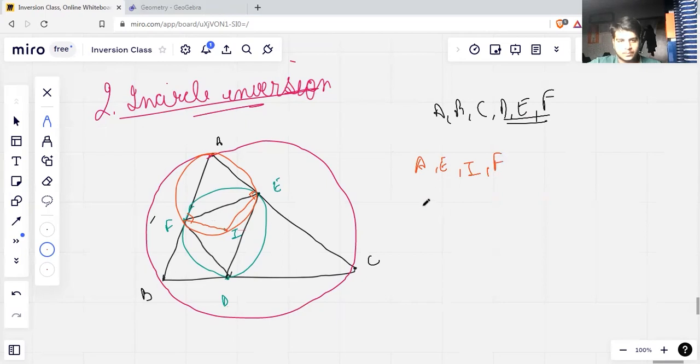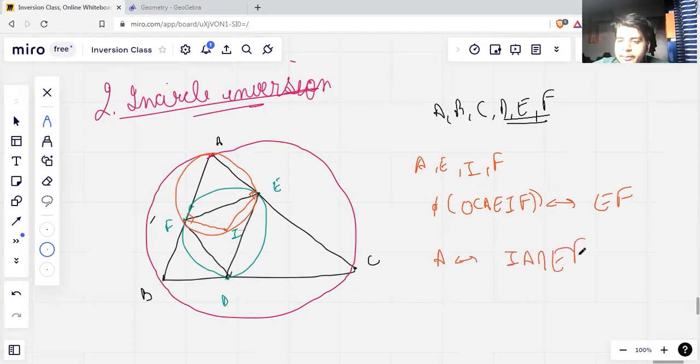And the image of the circle AEIF is just the line EF. Do you see how? Because the circle passes through the center of inversion, so it should be a line. And we know 2 points lying on this line, E and F, so we can construct the line. Which means A should go to the intersection of IA and EF. A goes to this point.